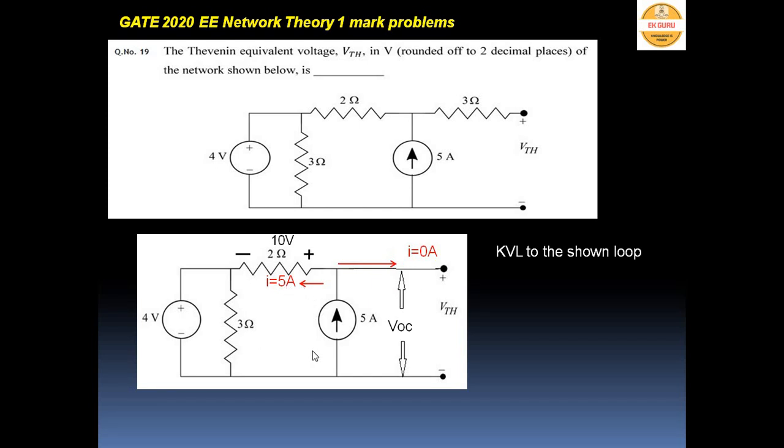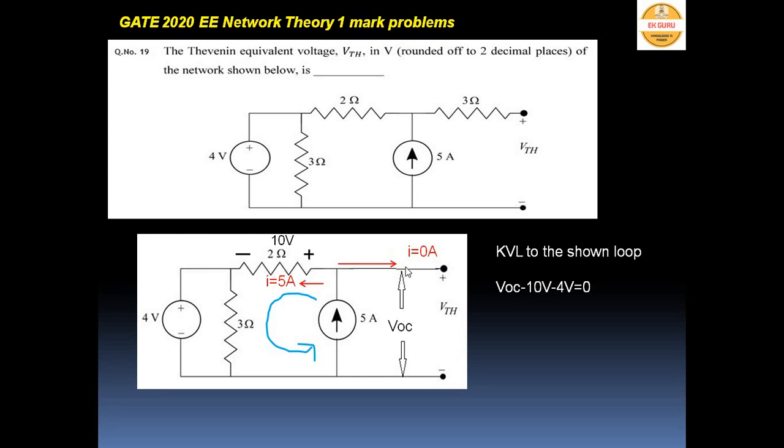By applying KVL, we can get the voltage across the 5 amperes current source. Applying KVL to this loop: VOC, nothing but the voltage across the current source, minus 10 volts, and here the voltage is 4 volts. Both are potential drops, that's why we represent them with a negative sign.